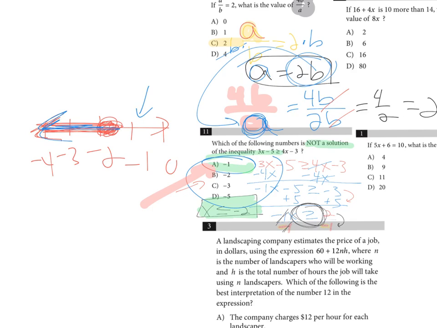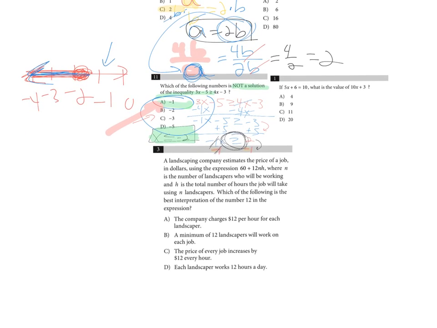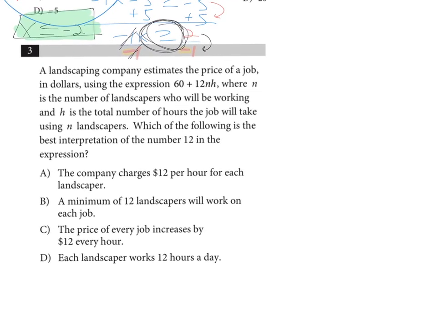Number 3, a landscaping company estimates the price of a job in dollars using this expression, 60 plus 12NH. So this is how they estimate the price of a job in dollars.